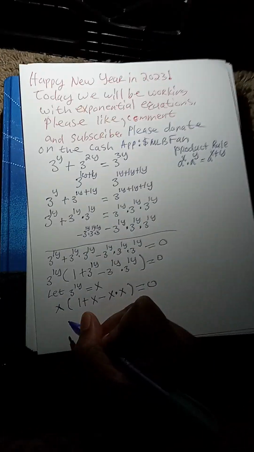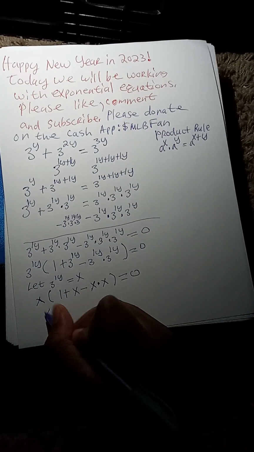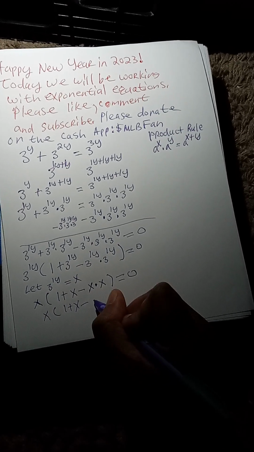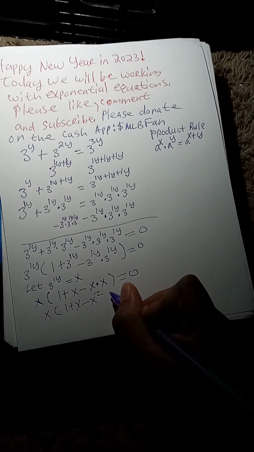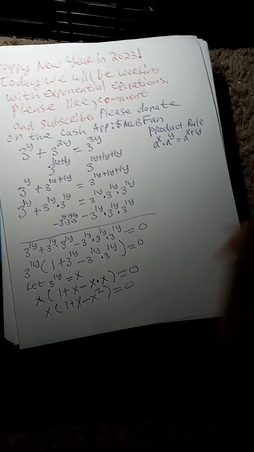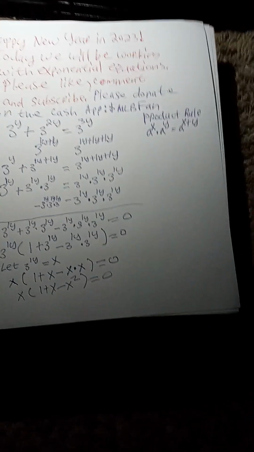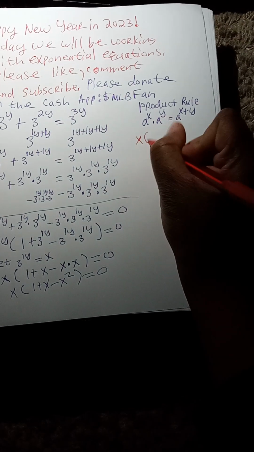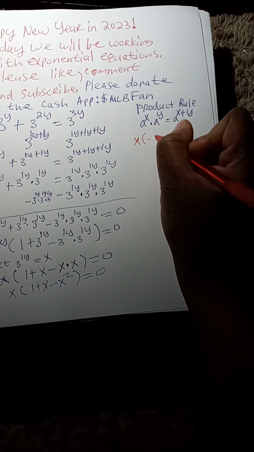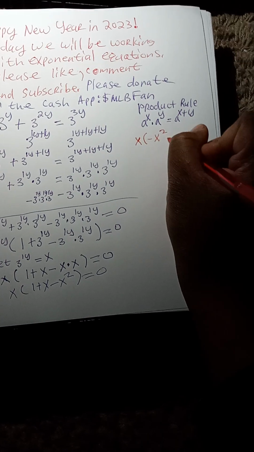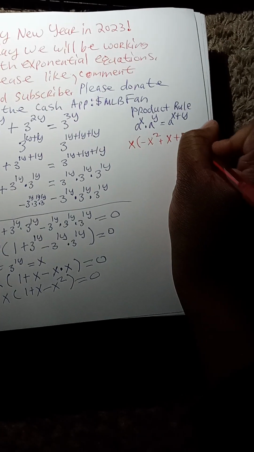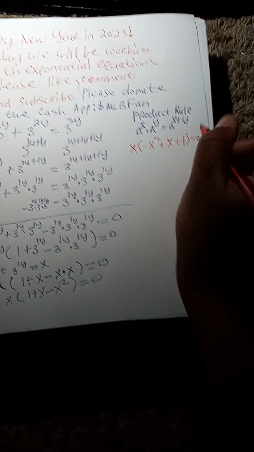So x times 1 plus x minus x squared is equal to 0. And then we could flip this around and say x times negative x squared plus x plus 1 is equal to 0.